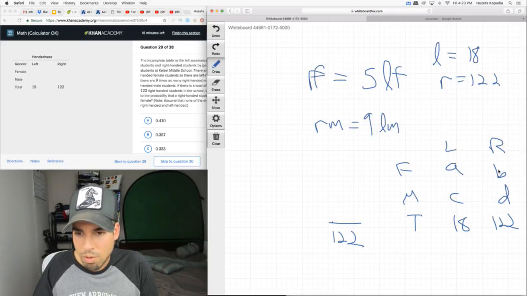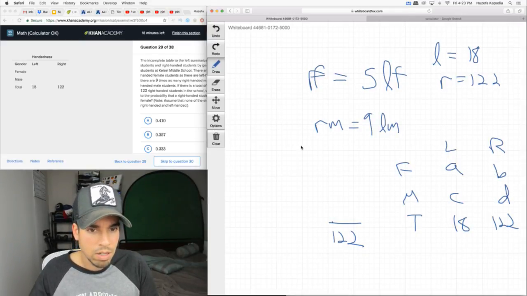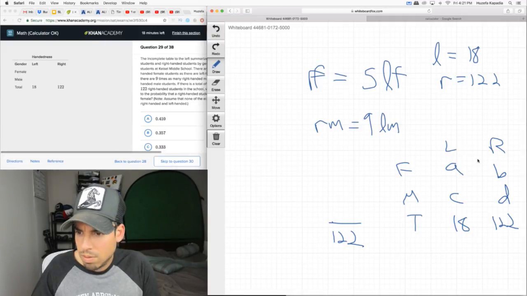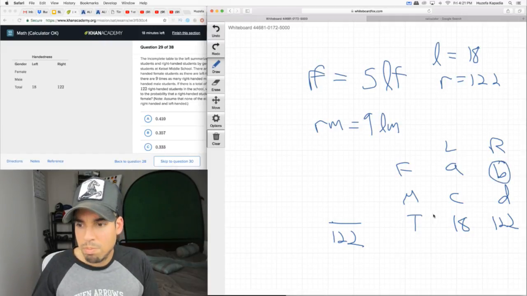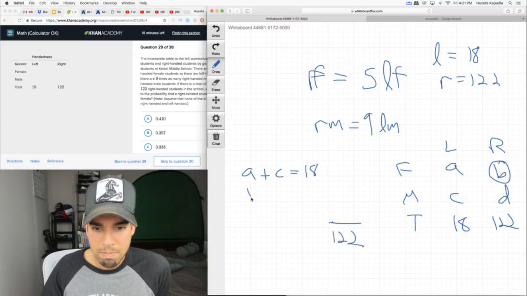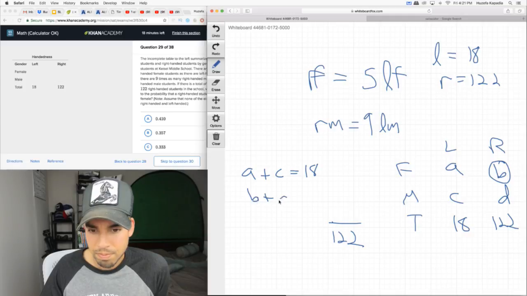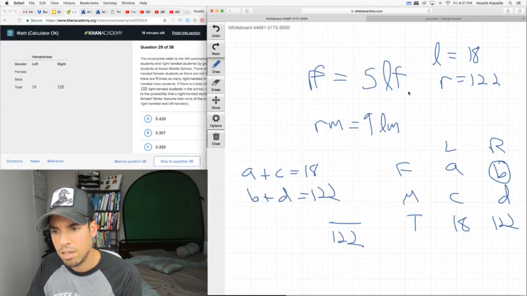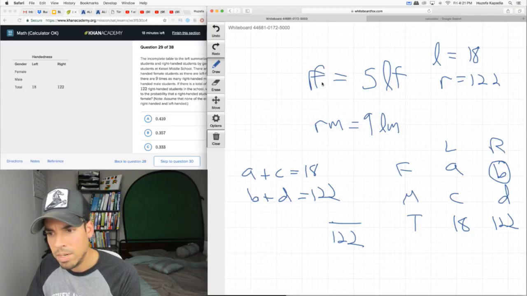And we want to solve for females that are right-handed. So we want to solve for variable B. And I know that A plus C equals 18. I know that B plus D equals 122.